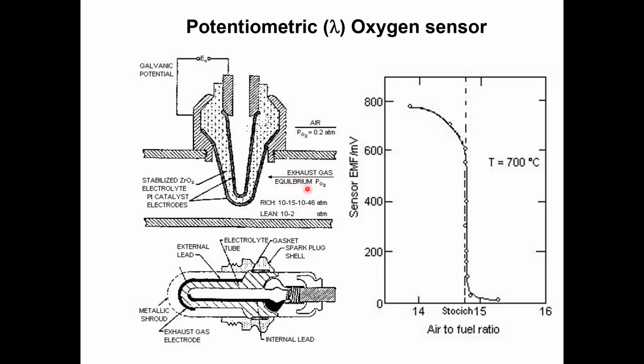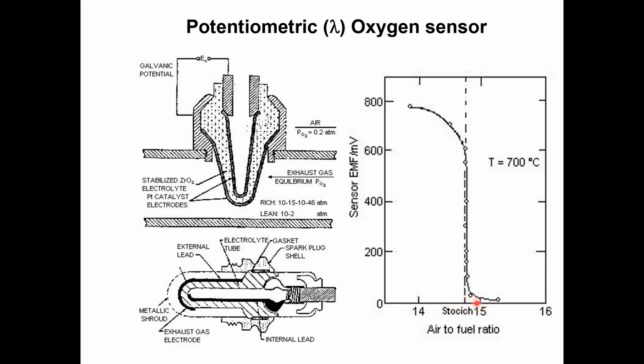And the name lambda comes from this response from the sensor. If you look at the response in terms of millivolts across the stoichiometric mixing ratio of the air to fuel mixing ratio by weight, for a stoichiometric mixing, it would be 14.7 by weight. Across that stoichiometric ratio, the sensor signal changes by many orders of magnitude.